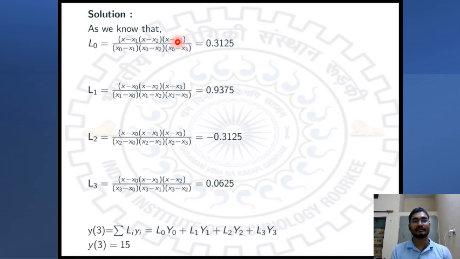As in the last slide we discussed, if you want to find the value of L0, you just need to skip the x0 term by subtracting it from the x, and in the denominator part you just need to subtract the other values from the x0 term.